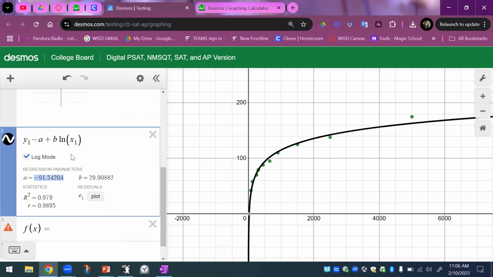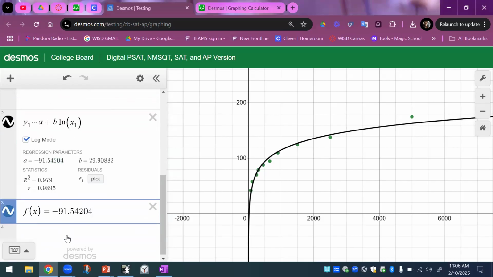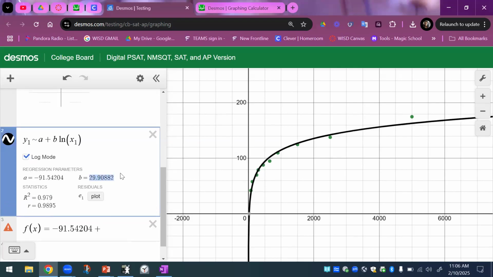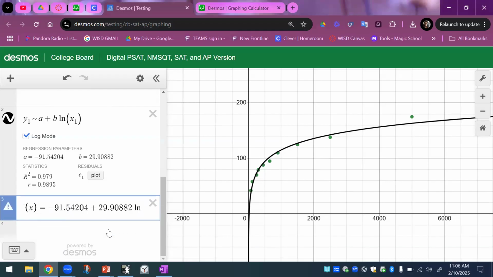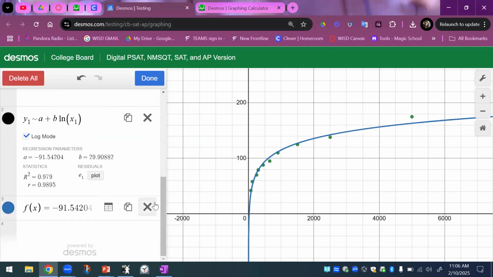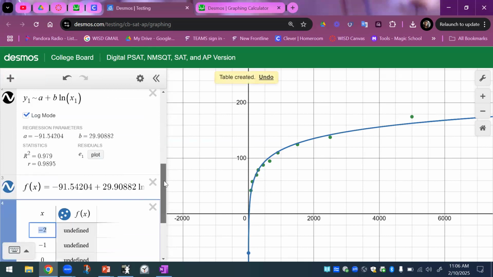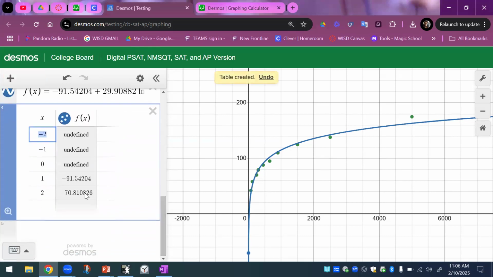I'm going to hit Control-C, Control-V, plus I copy and paste my A value. Then I copy and paste my B value, and then I type natural log of X. What that allows me to do is to actually interact with the function. I can now pull up the table, I can now find values, I can now analyze at any point. Does that make sense? Unless you put it in as a function, you cannot pull up a table in Desmos.